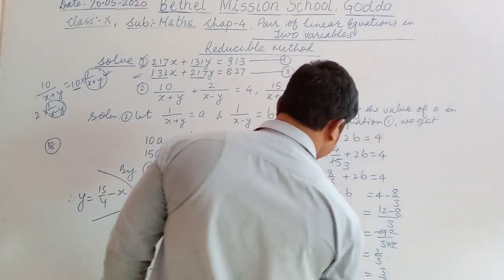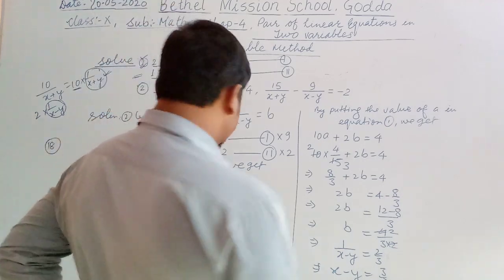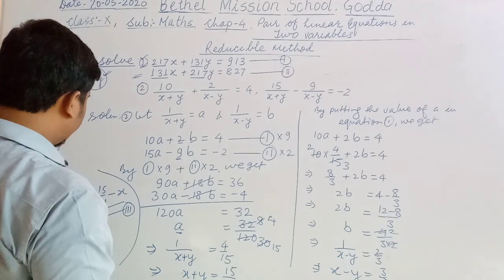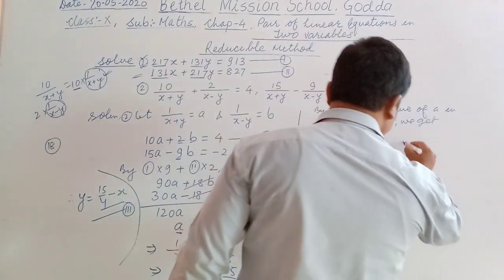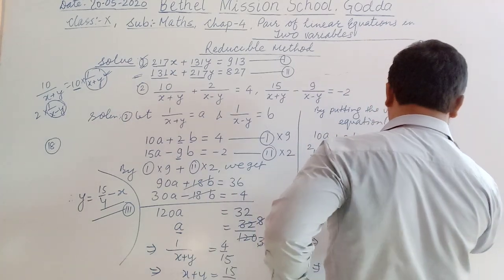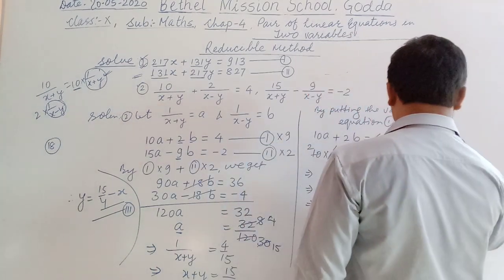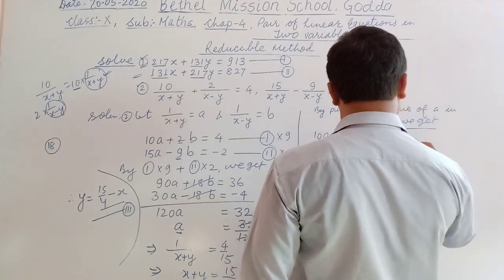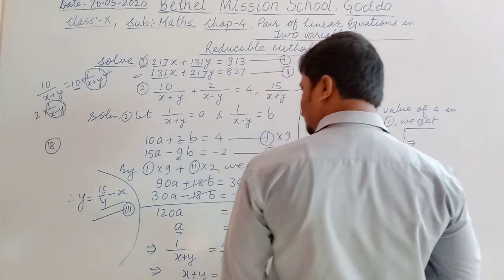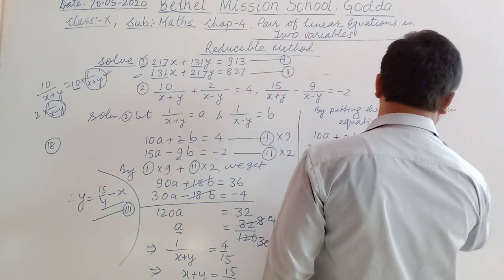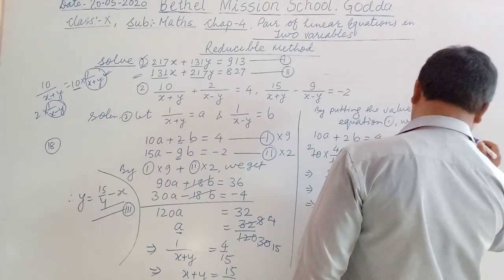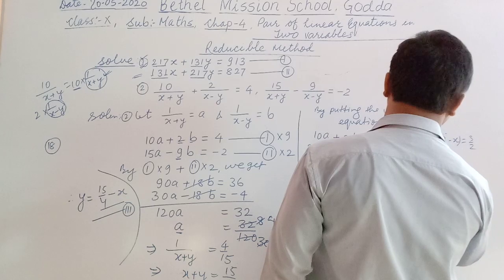We have written the reciprocal. After that, the value of y we have is 15 upon 4 minus x. So x minus y equal to 3 by 2, with y equal to 15 by 4 minus x. So x minus (15 by 4 minus x) equal to 3 by 2.